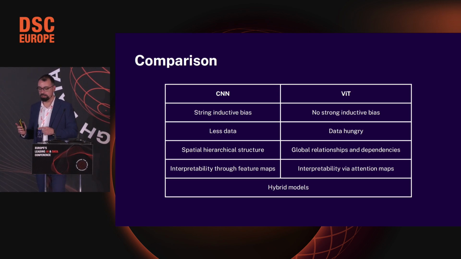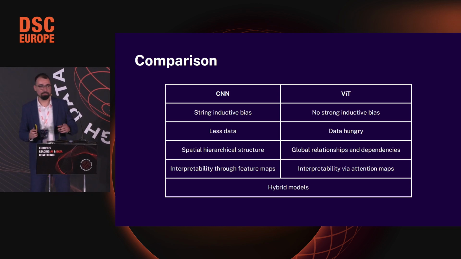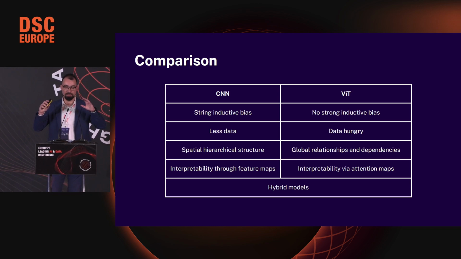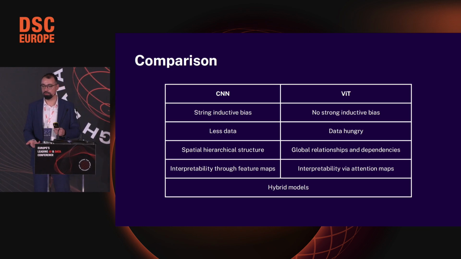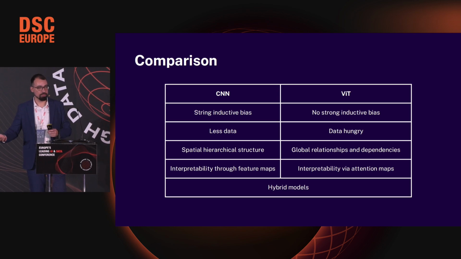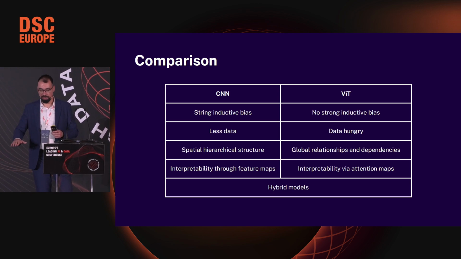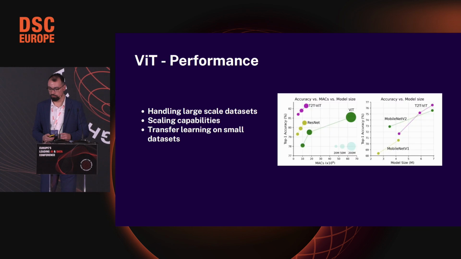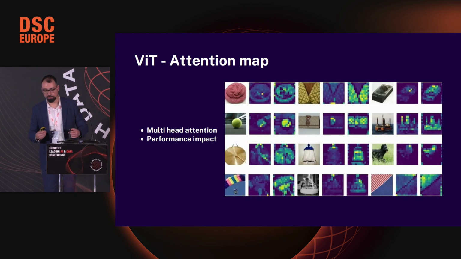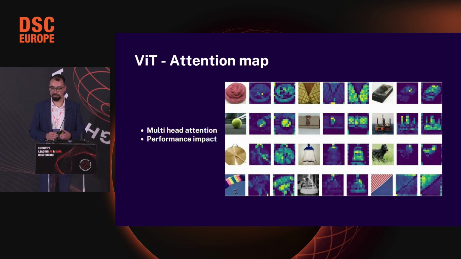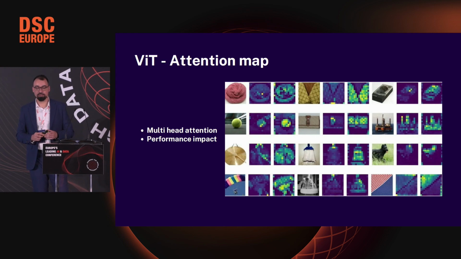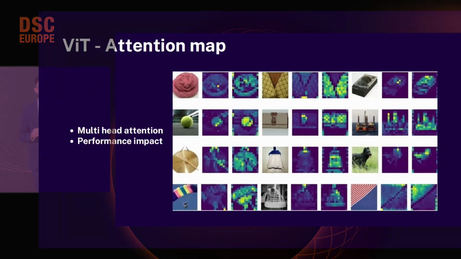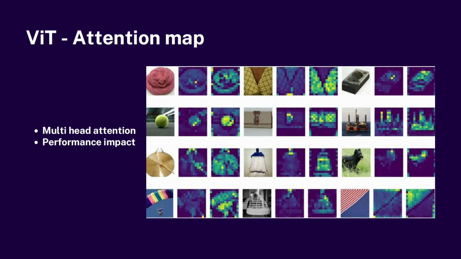In vision transformers, we can get something called an attention map. An attention map is basically, if you go to the encoder and you pull the weights from different heads, you can draw those weights, and you will actually see what each of the heads sees and what they put attention on, right?